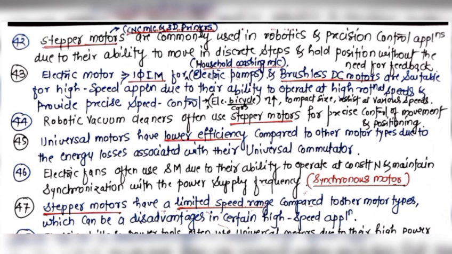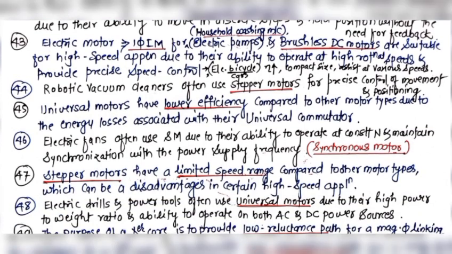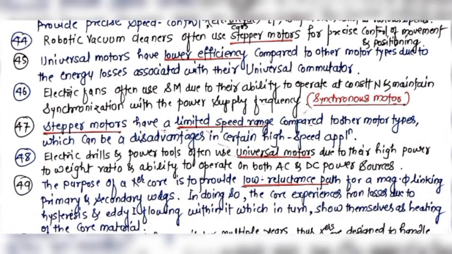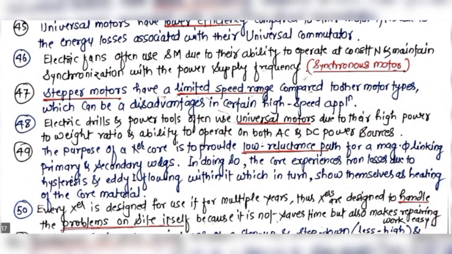Electric fans often use synchronous motors due to their ability to operate at constant speed and maintain synchronization with the power supply frequency. Stepper motors have a limited speed range compared to other motor types, which can be a disadvantage in certain high speed applications.